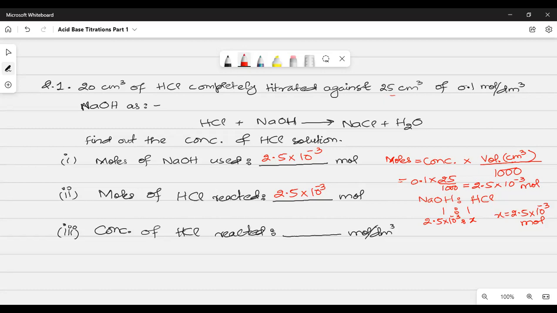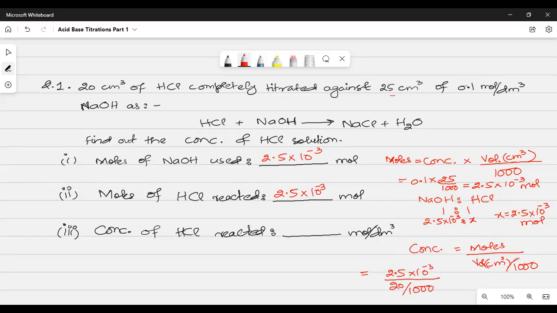Okay. So there is then the last step, concentration, and we already know that concentration is equal to moles over volume. And since the volume is in cubic centimeters, we need to divide it by 1000 first. So in this case, it's going to be 2.5 multiplied by 10 raised to the power minus 3 over 20, which is supposed to be divided by 1000.